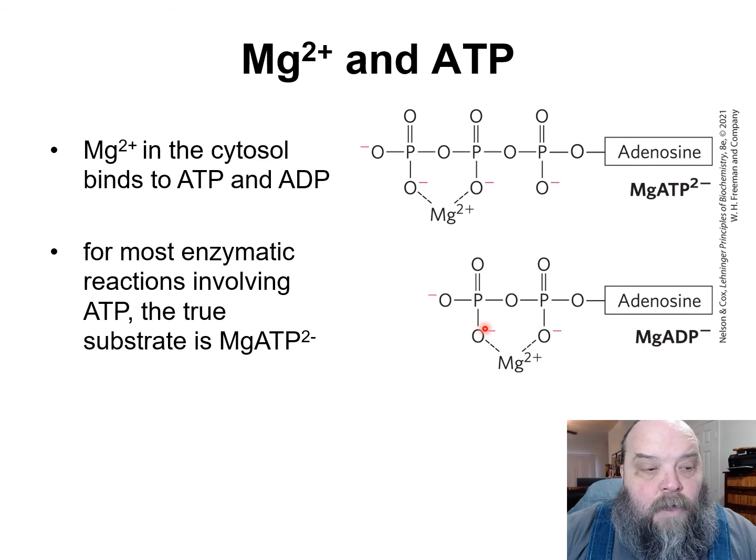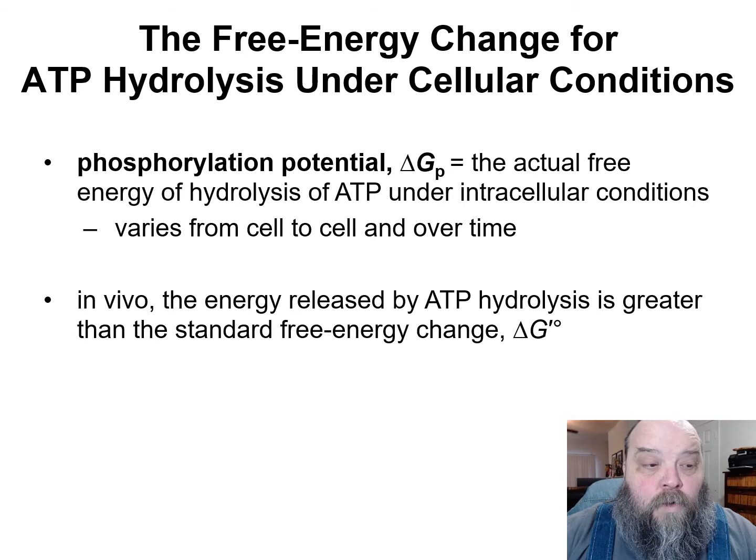Same here. What this does is that it stabilizes this overall structure so that it doesn't inadvertently start interacting with other molecules that have charges or are looking to strip off charges.